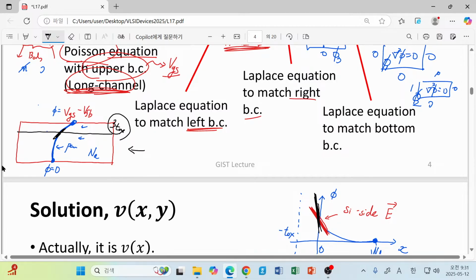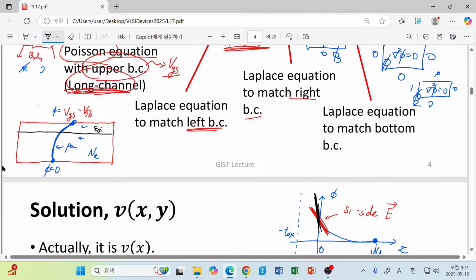So intentionally the length is increased, and the permittivity is just matched to that of silicon dioxide. Then anyway, let's come back to our original discussion.